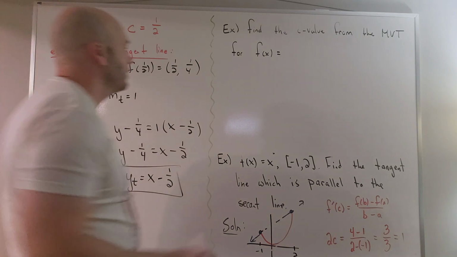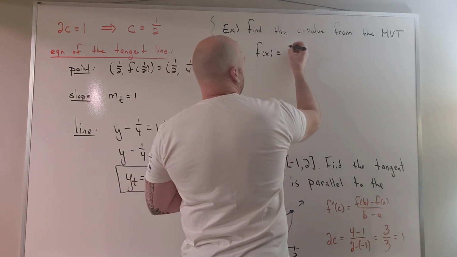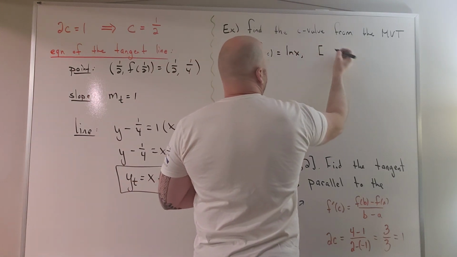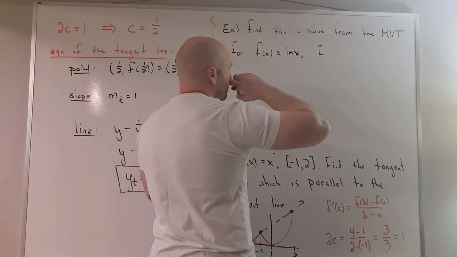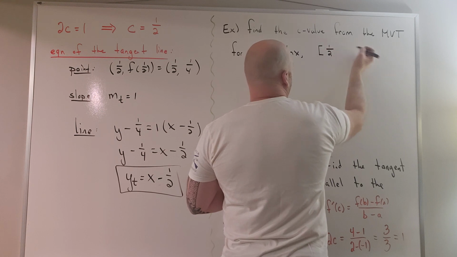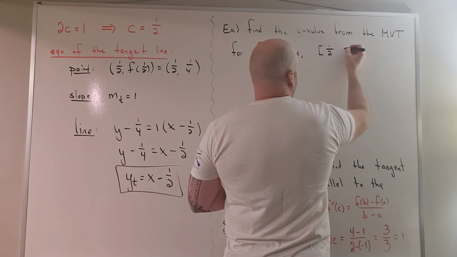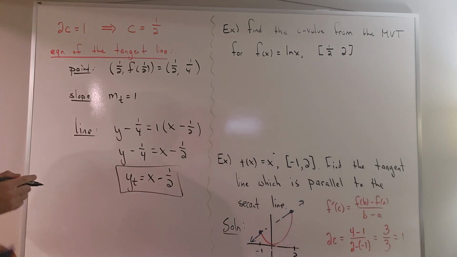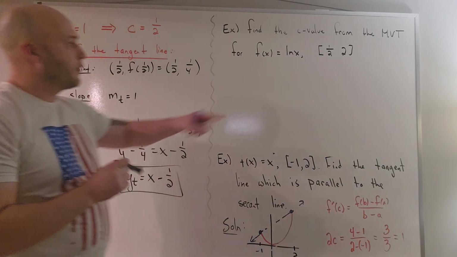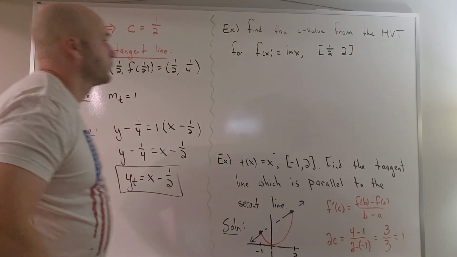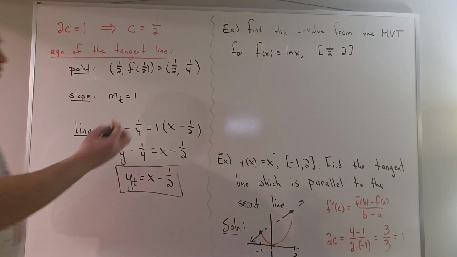Let's do a logarithm. Let's do the natural log of x on the interval from, let's say, 1/2 to 2. Okay, so find the C value from the mean value theorem for the natural log function on the interval from 1/2 to 2. Okay. Solution.